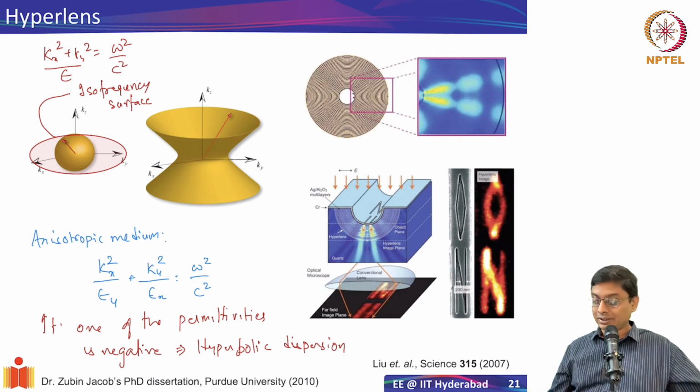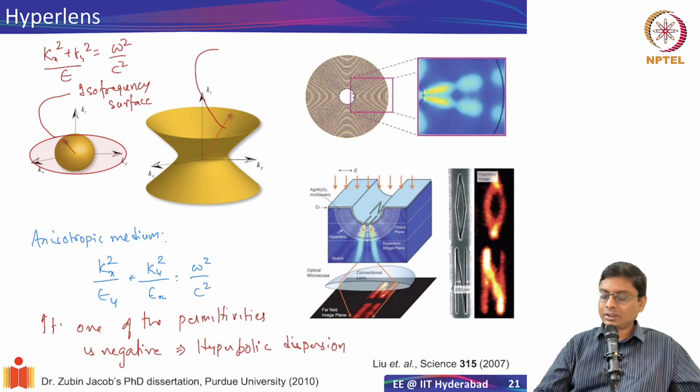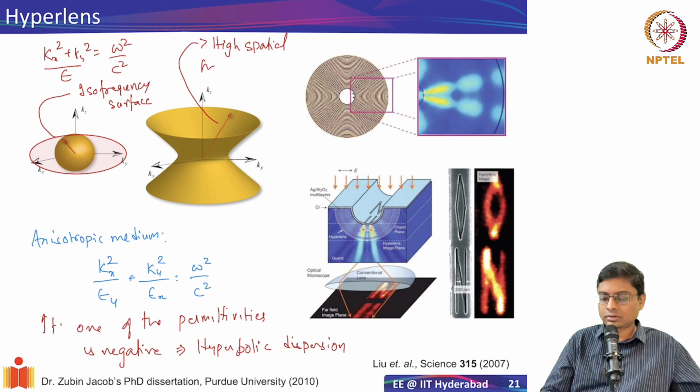So in principle, you can have very, very large k vectors supported in such a medium. So if you have a hyperbolic medium, large k vectors or high spatial frequencies can be supported.